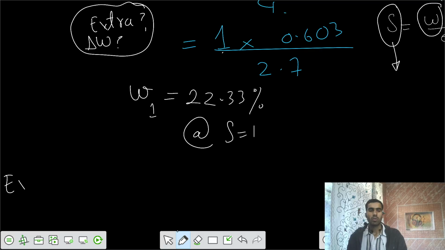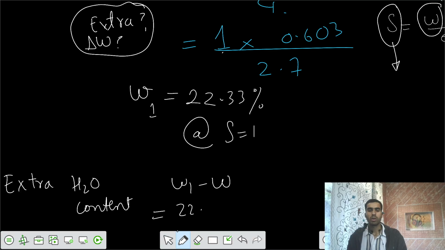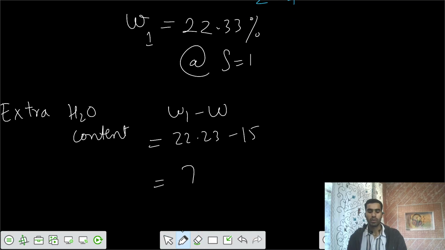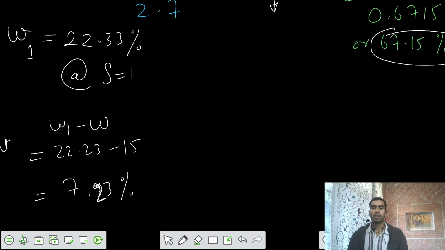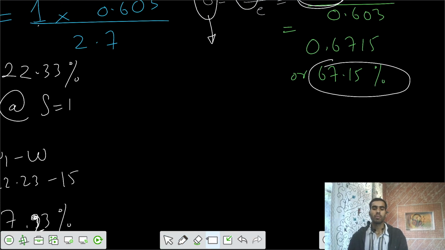The extra water content is W1 minus the initial value of W. So that's 22.23 minus 15. So this much percentage of water content we have to add, 7.33%, or 7.23 to be more clear. That 7.23% of extra water content we have to add, such that your saturation changes from 67.15% to 100%.